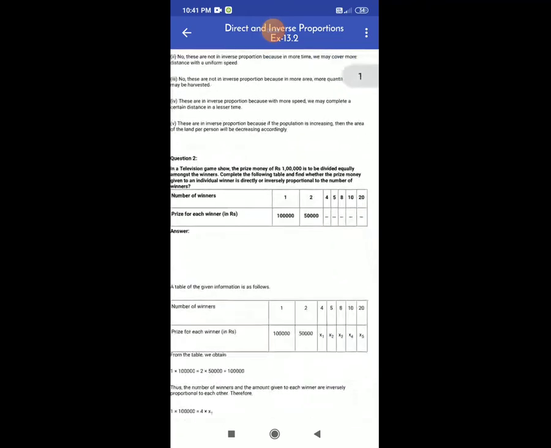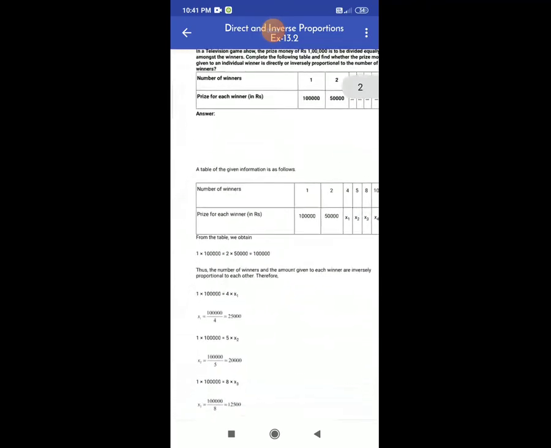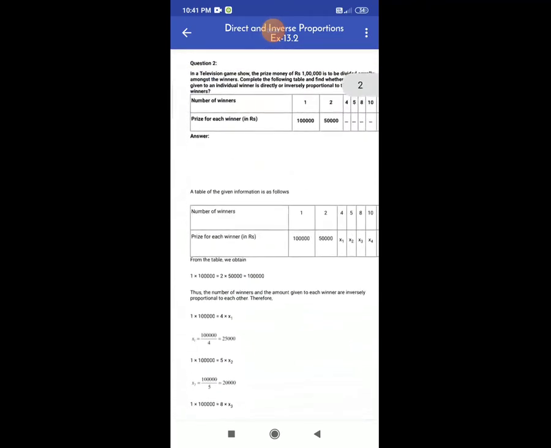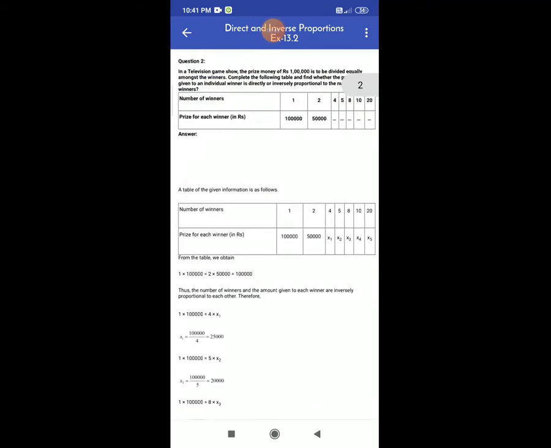Now, question number 2 is on your screen. In a television game show, the prize money of rupees 1 lakh is to be divided equally amongst the winners. Complete the following table and find whether the prize money given to an individual winner is directly or inversely proportional to the number of winners.